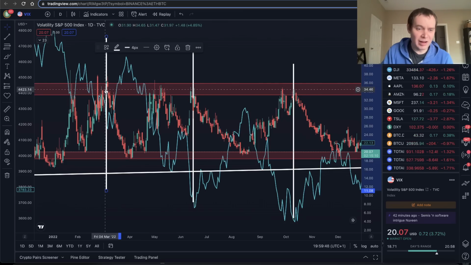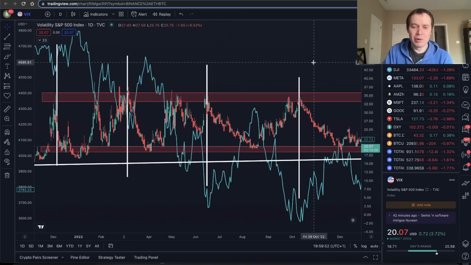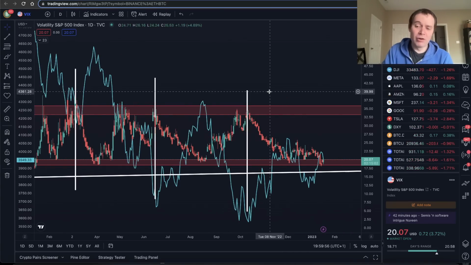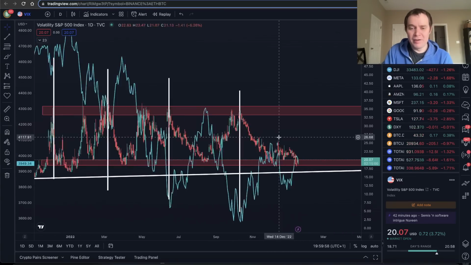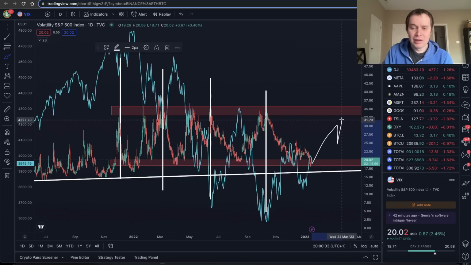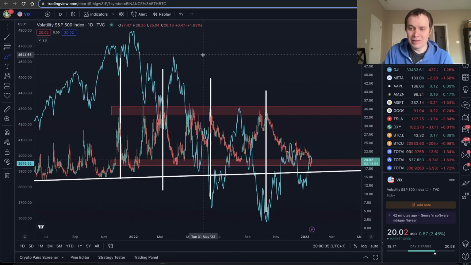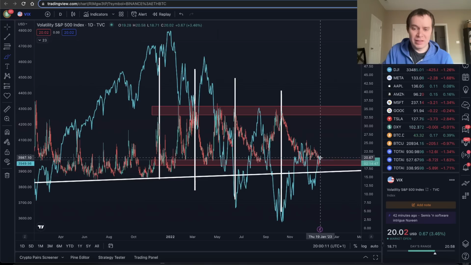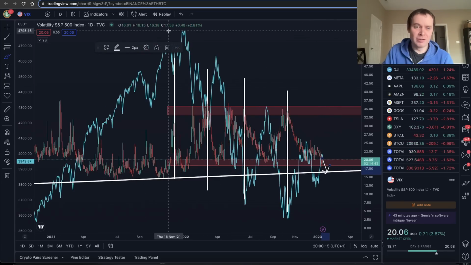But you'll notice that a lot of times the S&P finds some type of a bottom and turns back around the other way once the VIX gets up into that 35, 36 level. So what I'm looking for is, if the VIX wants to turn back around here and head back up this way, that likely is going to mean the S&P 500 is trending down. And if the S&P does a fake out here and goes back up, then I think we have to watch this lower trend line down here, which is where we've been bouncing off of for a long time.